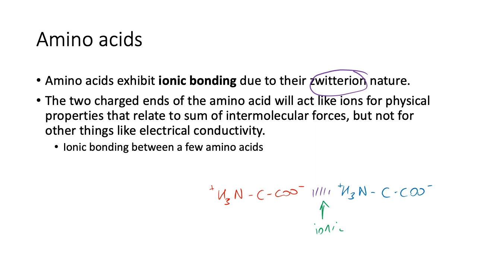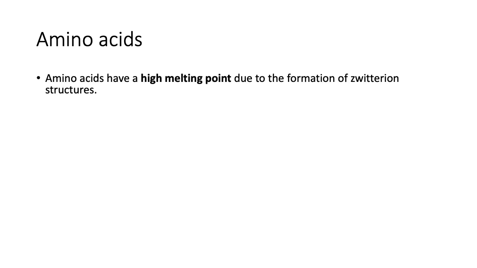So this is where you have amino acids just in solution, and then you evaporate them and they crystallize, they form ionic bonding, but it's different to when a covalent bond is built between the two amino acids, which we'll deal with when we get into proteins later on. All right, so because they have ionic bonding, effectively they have a very high melting and boiling point.